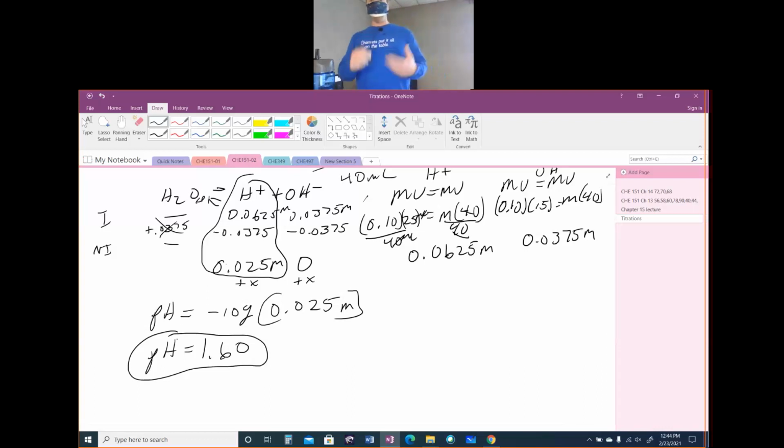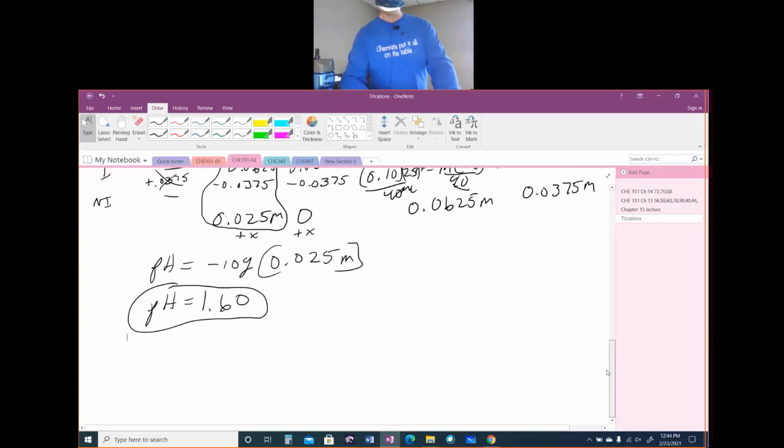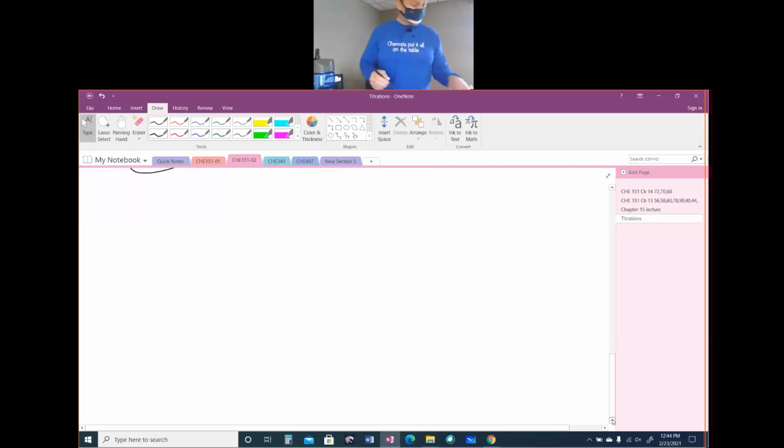You would have to add more base until you hit the equivalence point. The equivalence point of a strong acid, strong base is a pH of 7. All right, so that would be a part of a titration. What's the pH after you added so much, didn't hit the equivalence point? In this case, it would be the answer pH of 1.6.